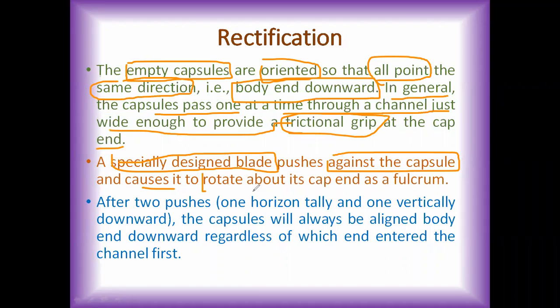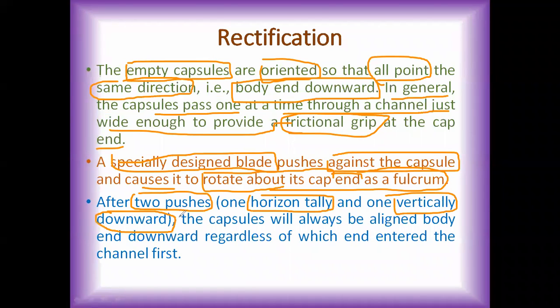This blade is responsible for rotating the capsule about its cap end, which acts as a fulcrum. When it rotates with the help of this specially designed blade, the rotation will be of two punches. One will be a horizontal one, and the second will be a vertical one, which is downwards.